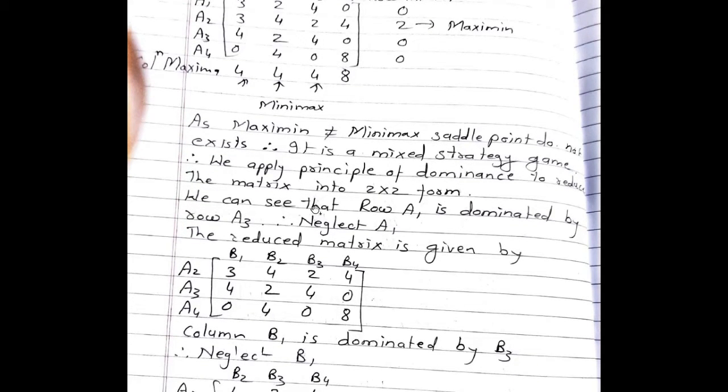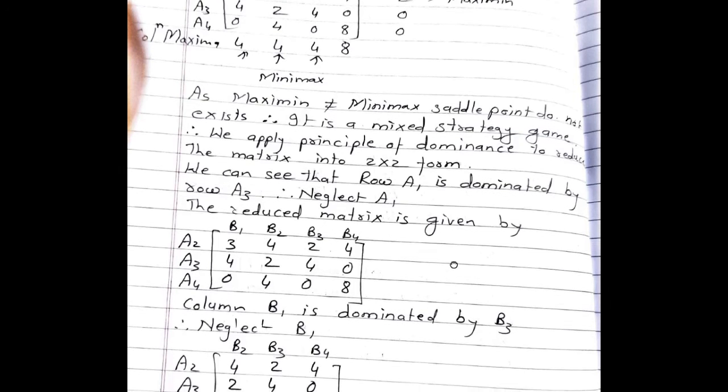We can see that row A1 is dominated by row A3. So therefore, neglect A1. The reduced matrix is given by A2, A3, A4 and B1, B2, B3, B4, and the remaining reduced matrix is given.